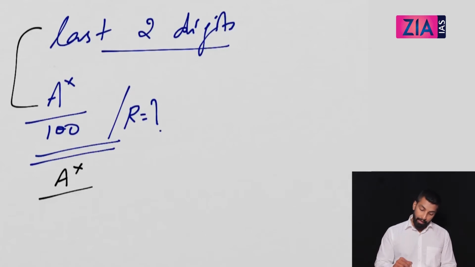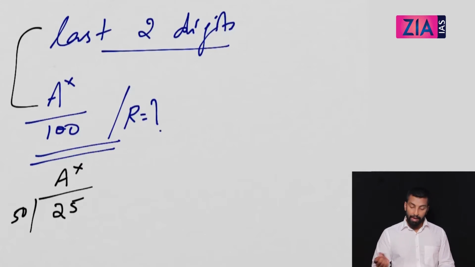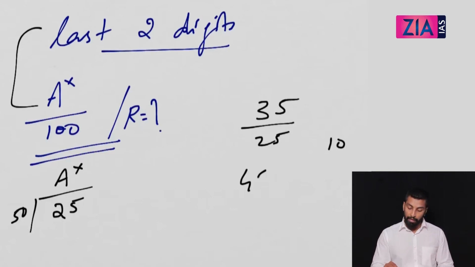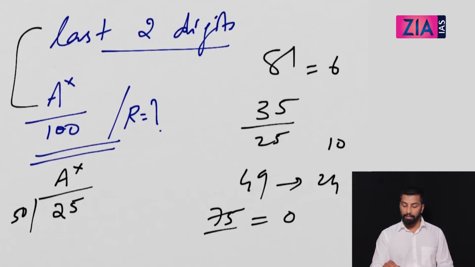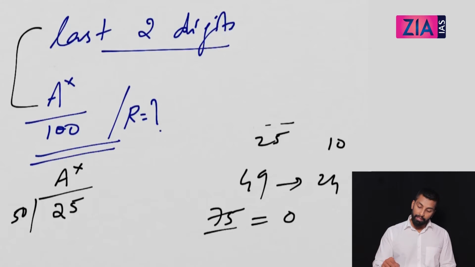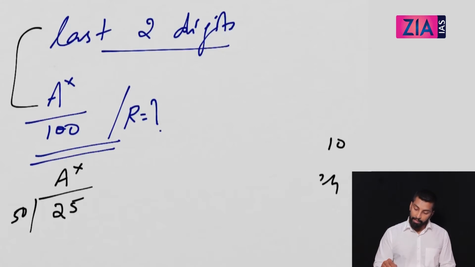For that matter, if I ask you a raised to x divided by 25, still you can answer by seeing the last 2 digits. If the last 2 digits are 35, what is the remainder? You divide by 25, you get 10. If the last 2 digits are 49, what is the remainder? 24. If the last 2 digits are 75, what is the remainder? 0, because 75 you can divide. If the last 2 digits are 81, what is the remainder? 6 is the remainder.